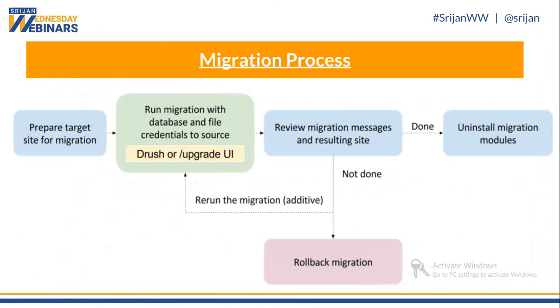So first install the database in your phpMyAdmin from which you are going to import content. Then run the migration with database and file credentials of the source. When your whole database is set up for Drupal 7, after that you can install your fresh D8 site in which you are going to import your content from Drupal 7.